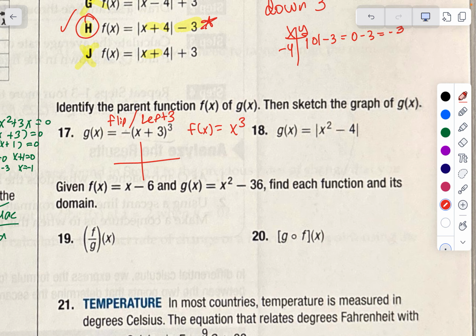So all we got to do is take our normal, move this center to the left 3, and flip it upside down. So if we go left 3 and flip it upside down, now this down arm's going up, the up arm's going down. So that's what our g function would look like. It would be flipped and moved to the left 3.